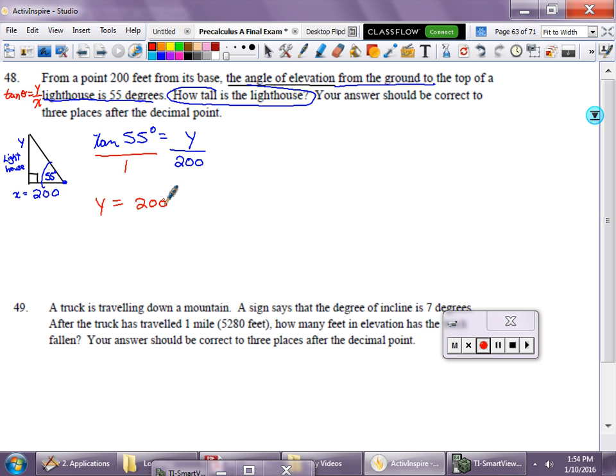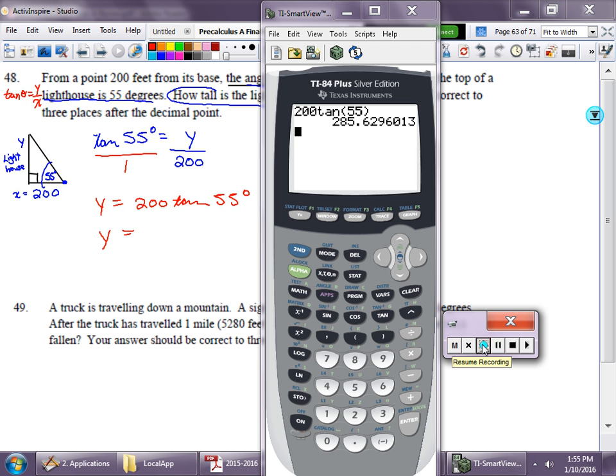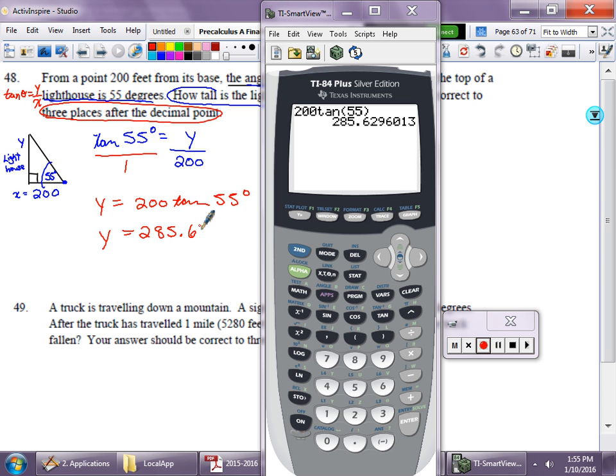Remember, your constants become your coefficients. When we put this in our calculator, we are done. Y is equal to 285.6, to three decimal places.